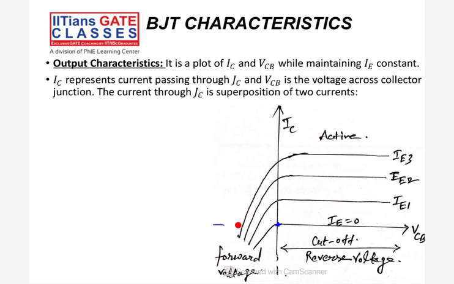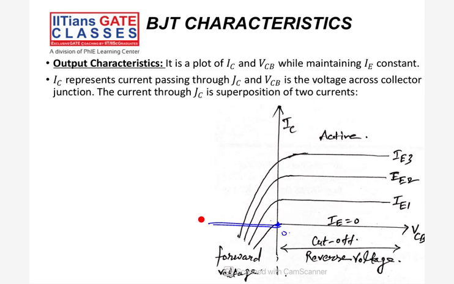It is the 0 point. Here the IC versus VCB plot I have shown, and it will be identical to the diode characteristic. Forward biased characteristics are in the third quadrant. Reverse biased characteristics are a different thing, whatever is written here.